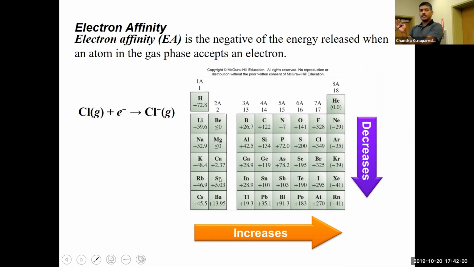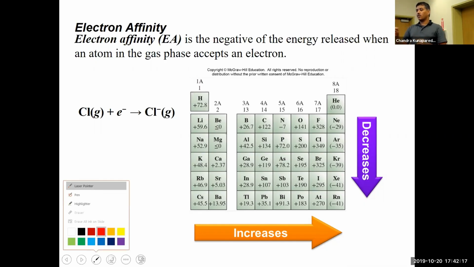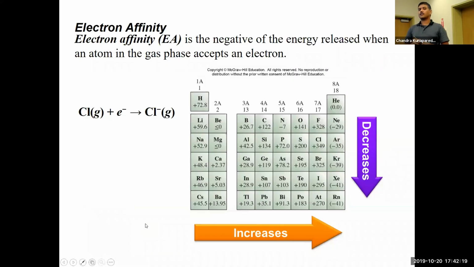So electron affinity talks about the amount of negative energy released when an atom in the gas phase accepts an electron. Released means we are talking about whether the element is going to be more stable or less stable after it accepts the electron by turning into a negatively charged anion.